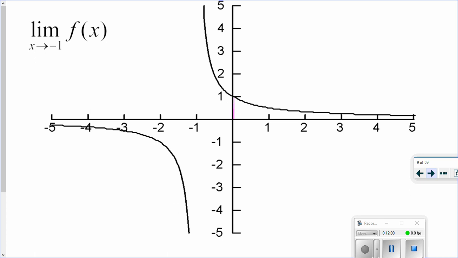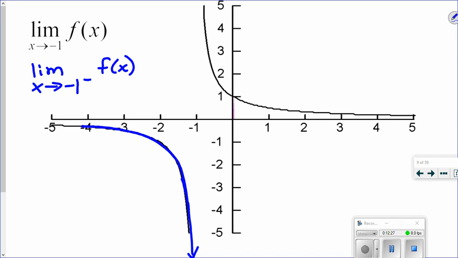So if we look at this one, in pre-calc, you may have said that the limit when it goes to infinity does not exist. In this class, we're going to say either negative infinity or positive infinity. Here, the limit as x approaches negative 1 in the negative direction: our graph's going down infinitely, so we say that's negative infinity.